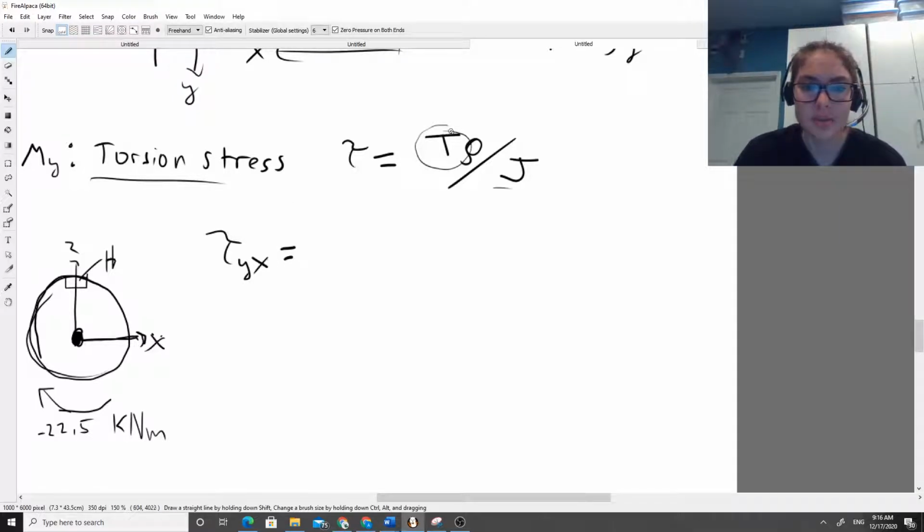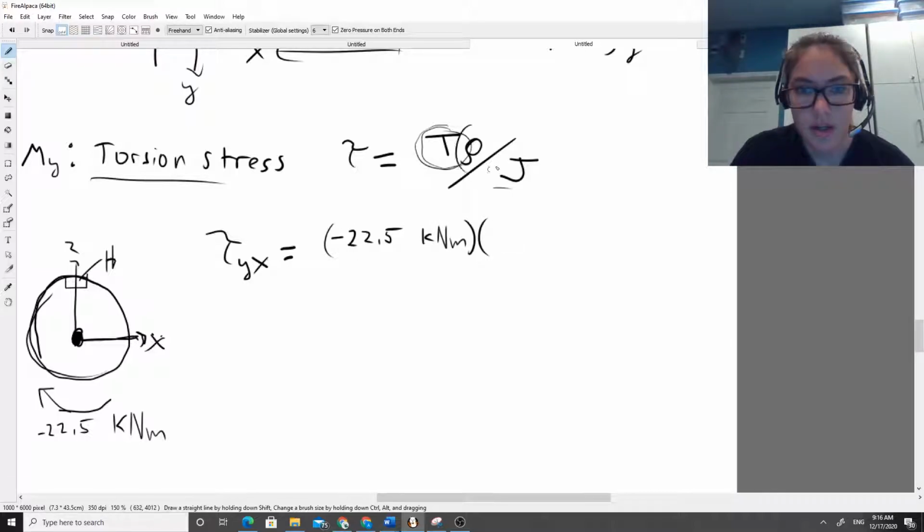And that's going to be equal to, first of all, our torque, which is just dictated by our moment, negative 22.5 kilonewton meters. Rho is just the distance from the center to our point of interest, which is just going to be the radius of our circle, 0.025 meters.